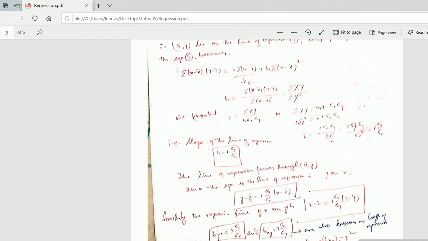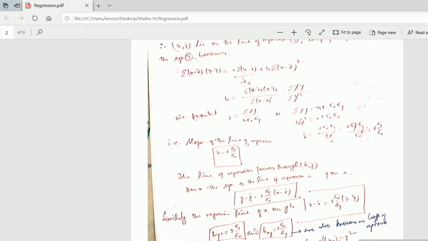The line of regression passes through x bar, y bar, hence the equation of the line of regression of y on x is y minus y bar equals r sigma y by sigma x times x minus x bar. Similarly, the regression line of x on y is given by x minus x bar equals r sigma x by sigma y times y minus y bar.